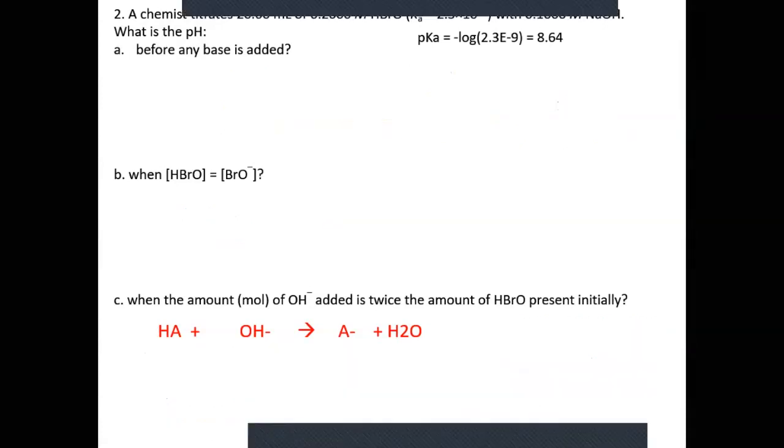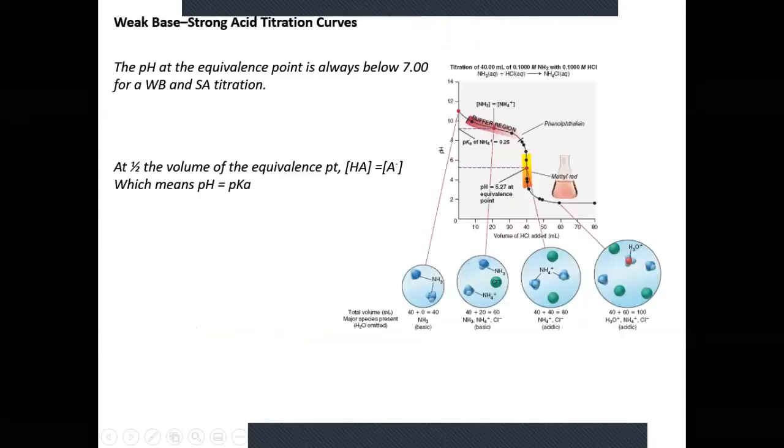So that was calculations involving strong acid, strong base titration, and weak acid, strong base titration. We're just going to talk about the other types of titrations, no calculations. So for a weak base, strong acid titration, again, everything is backwards from what we did in the previous one.